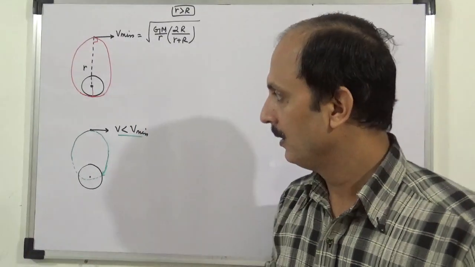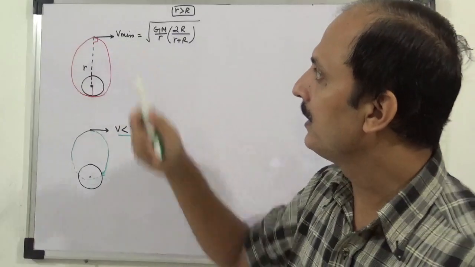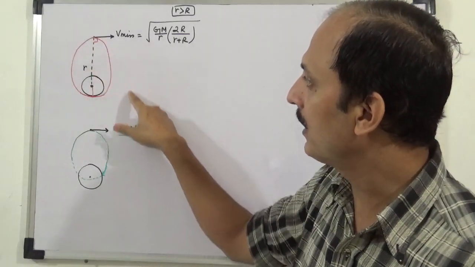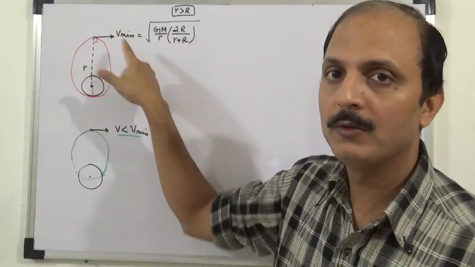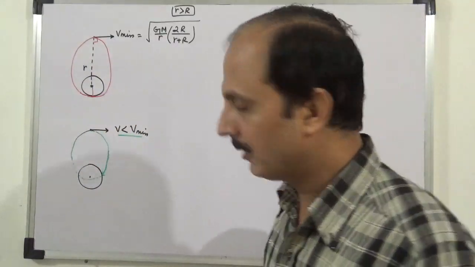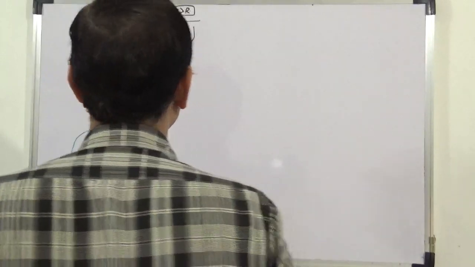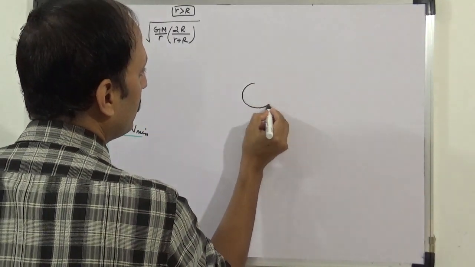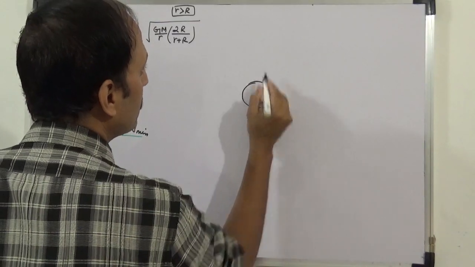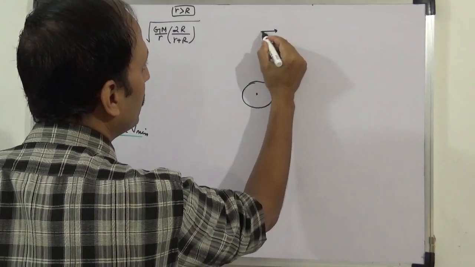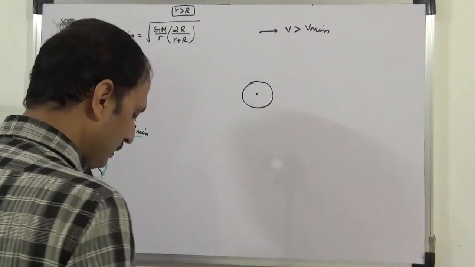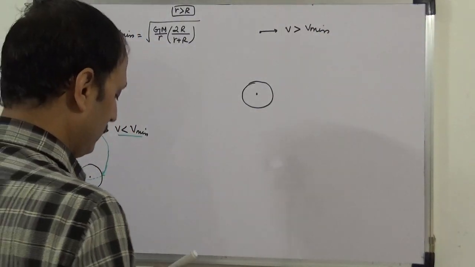Okay. Now if you keep on increasing this V, what will happen? The size of elliptical path will keep on increasing. Okay. So in the next figure I am drawing this. If you keep on increasing this launching tangential velocity, let's say this V is greater than V minimum, what will happen?